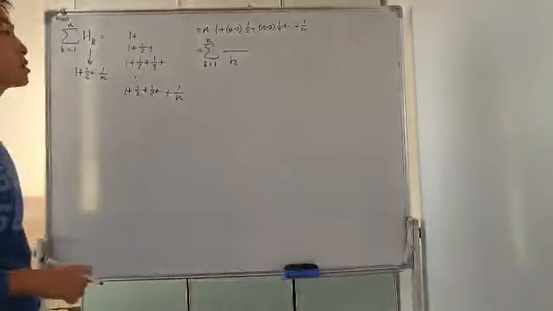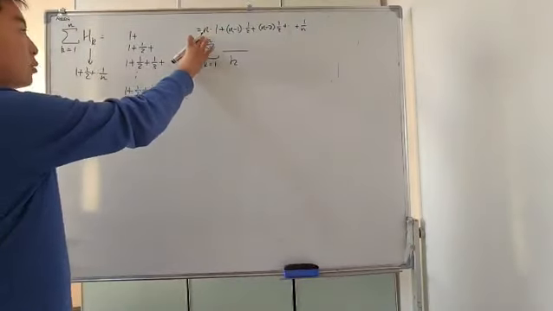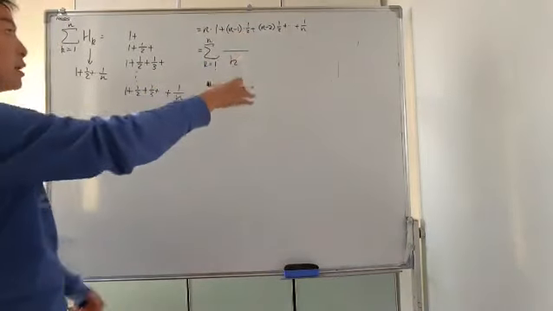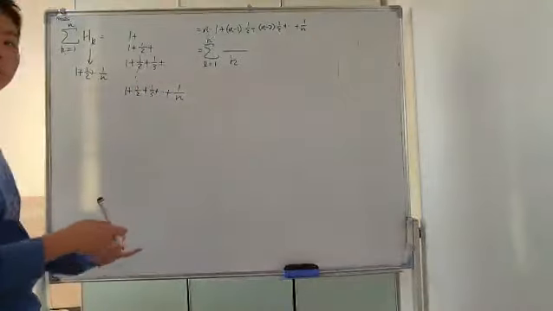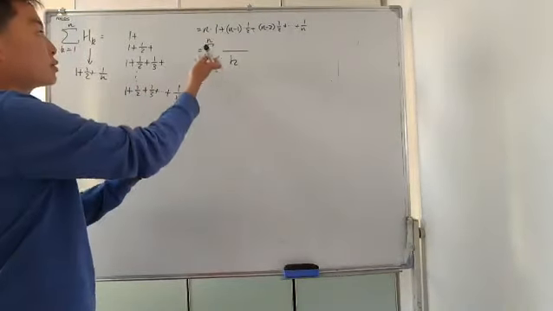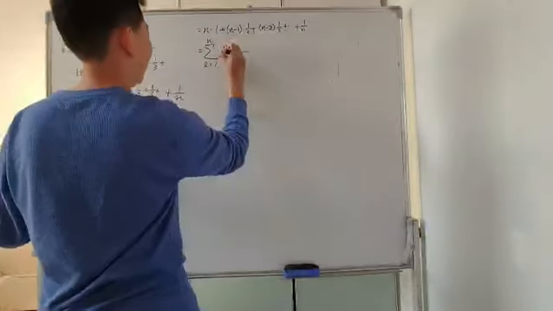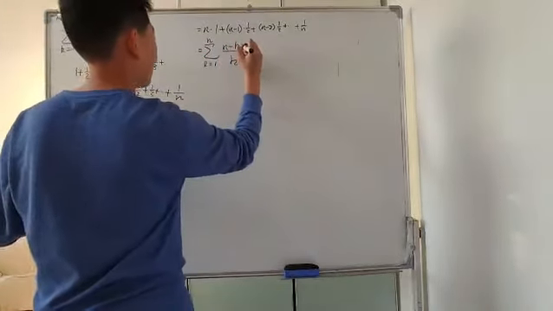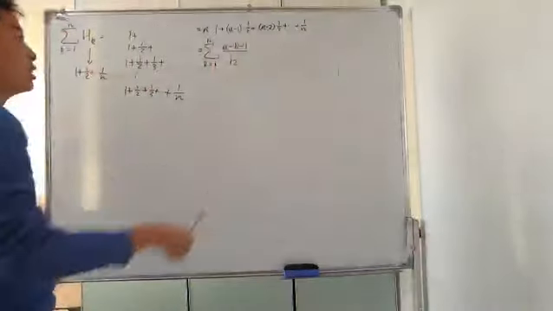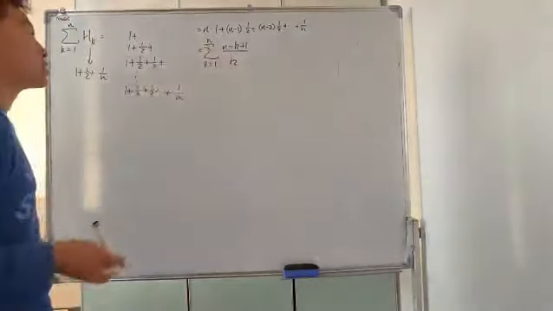There's nothing wrong with that. When k equals 1, this is going to be n. When k equals 2, this is n minus 1, and it just keeps subtracting 1 each time. But it's not k minus n, because if k equals 1 here, this should be n. So we're going to have to first subtract k, and then add 1 to it. And then this is our changed series.